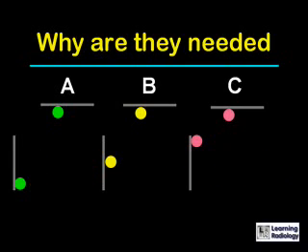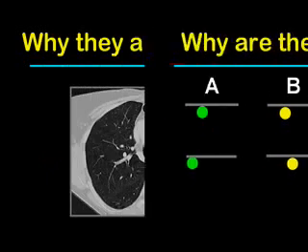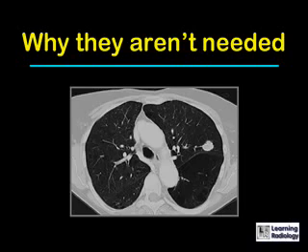Now, if we take the two pair of images, the frontal and lateral, for patient A, for B, and for C, and we look at them together, as we usually do, it is relatively easy to localize where the lesion is.